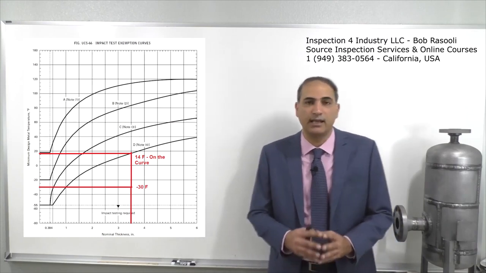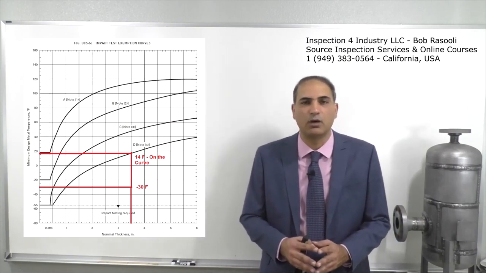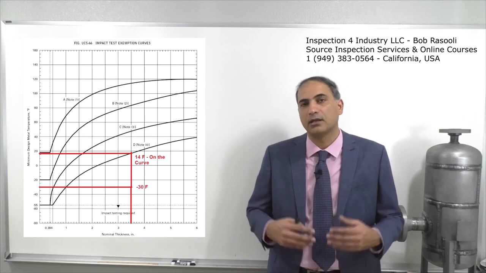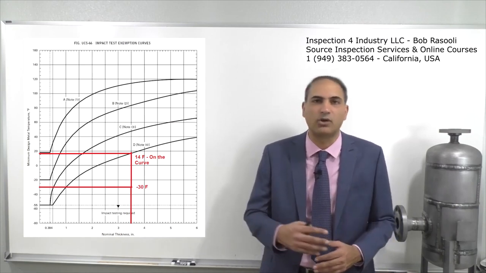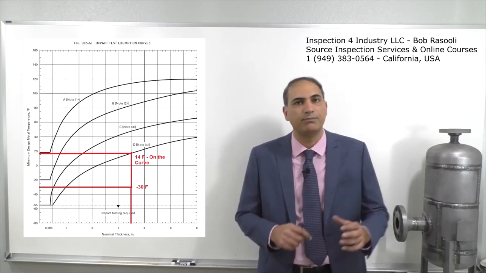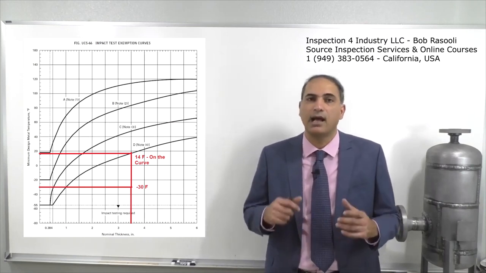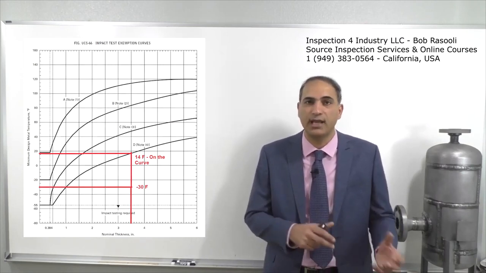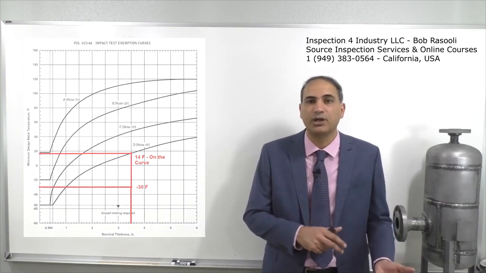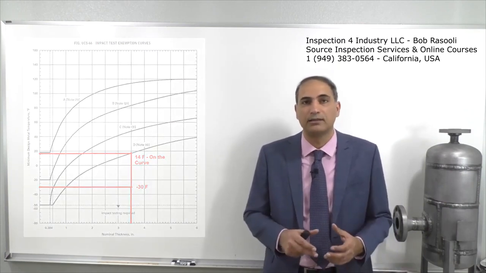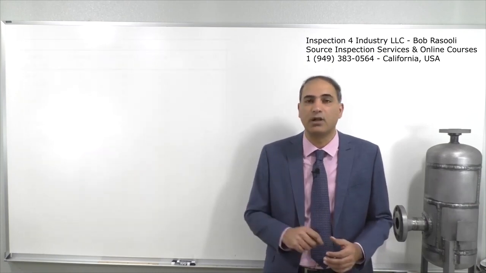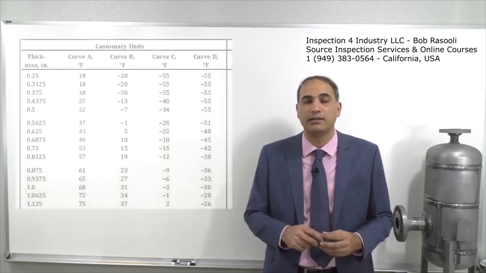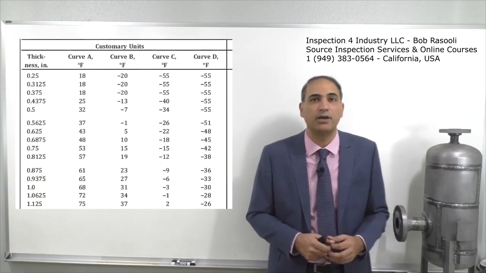By the way, to make it convenient to use and avoid drawing lines and crossing the curve, where some errors might happen, ASME Code Section 8 Division 1 converted that curve to a table, and they projected all the points which fall on the curve and created the table that you can see on my right.